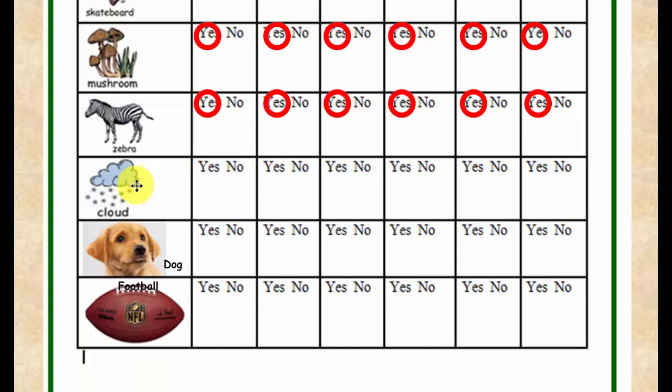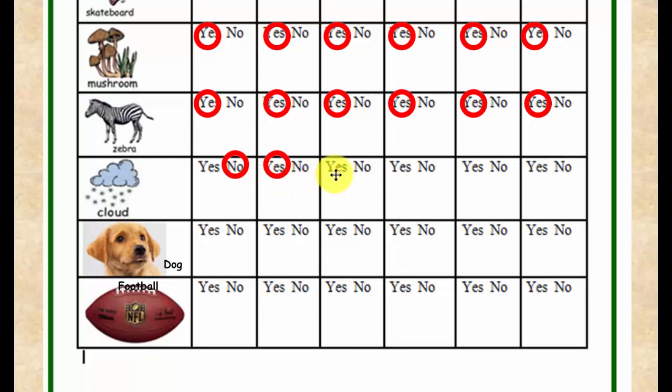This is going to be tricky, a cloud. Now, do I need food or water? Well, it's going to say it needs water because it's a cloud, okay? So I'm going to say here no, because it doesn't need food. Now, does it need air? Well, it most certainly does if it's a cloud, right?